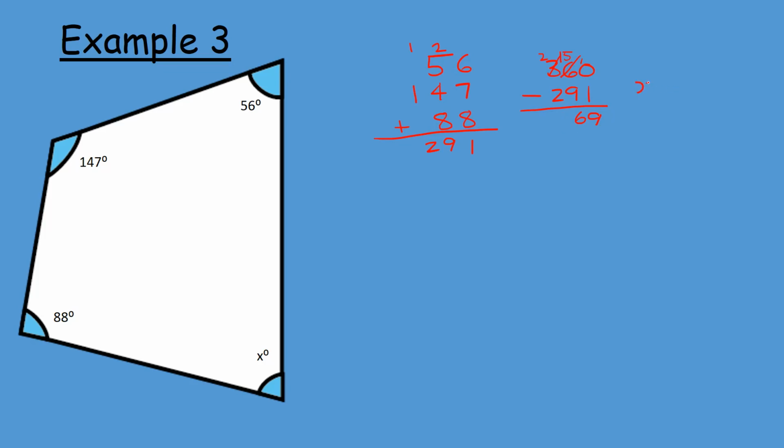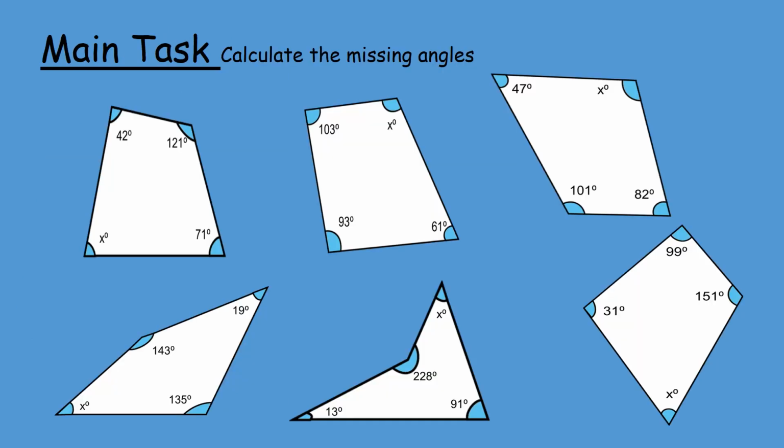So our angle X is equal to 69 degrees. Okay. Right, so we're going to do our main task now. So there's 6 here to do, finding the missing angles. There's also a challenge question, which is on the next slide. So you can pause anytime you like while you're working, and then we'll come back and mark our own.